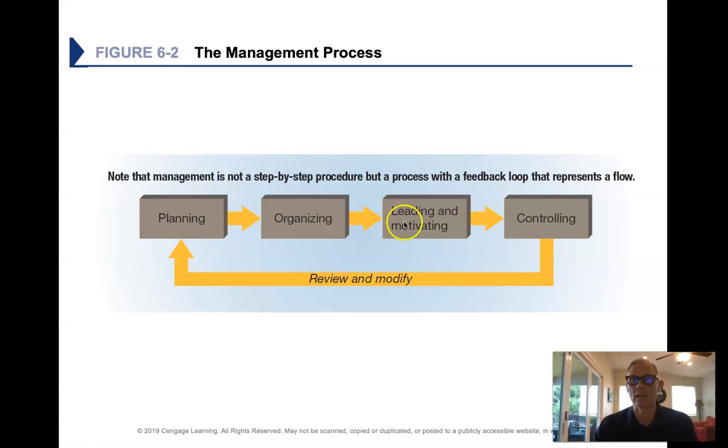Organizing then leads to leading and motivating people to get things done. Then we control, and then we review and modify. And we come back to, we replan, reorganize, re-lead, recontrol, review and modify. And it's just a continuing cycle of the things that a manager does to make our organizations successful.